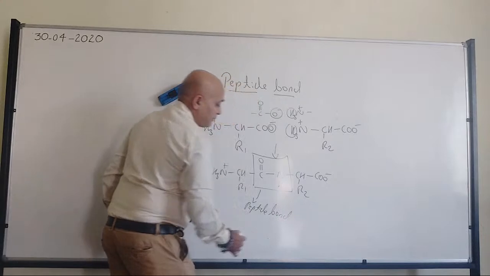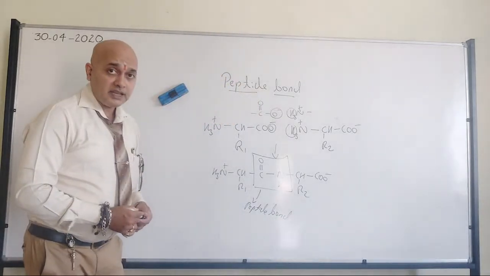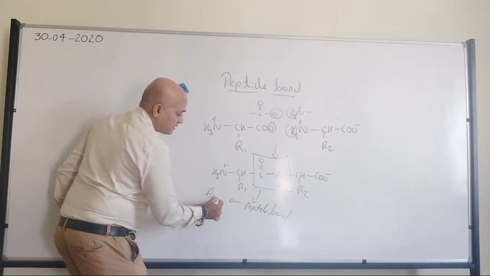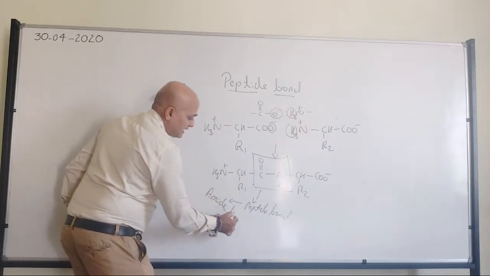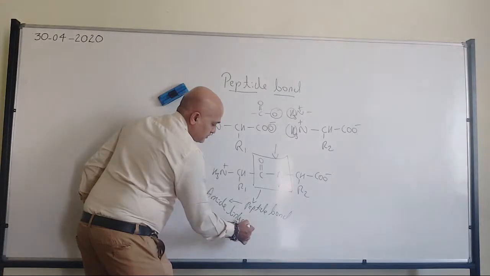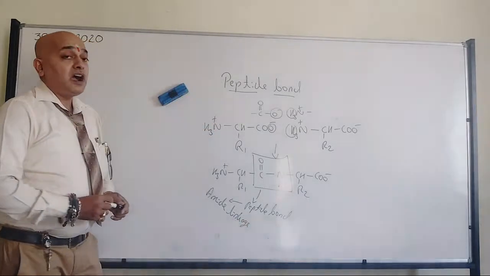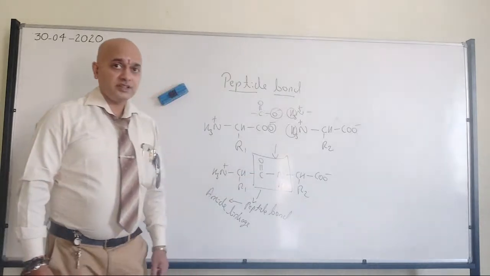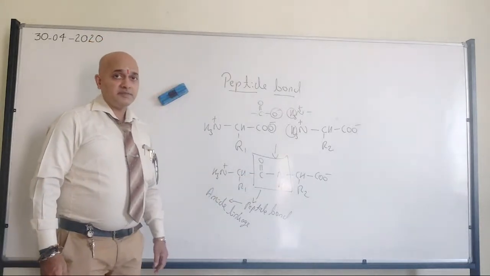Okay? So chemically, peptide bond is nothing but amide bond or amide linkage. Peptide bond is chemically an amide linkage. CONH, that is nothing but amide.